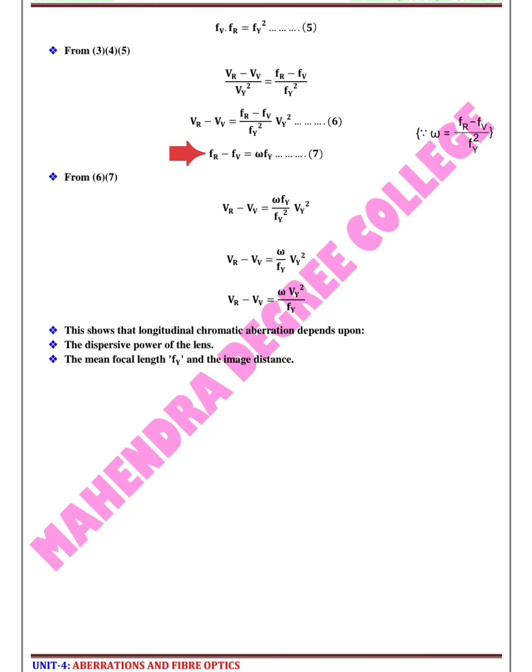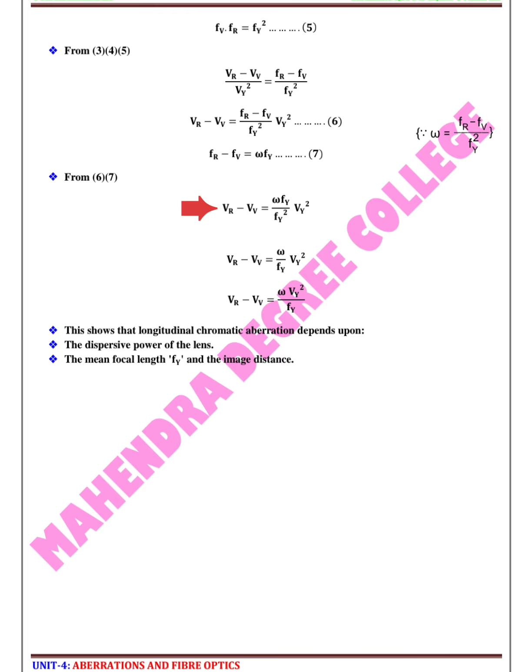This equation introduces the dispersive power omega of the lens, which quantifies how much the lens disperses different colors of light. Substituting equation 7 into equation 6, in equation 6 Fr minus Fv is replaced with omega Fy.